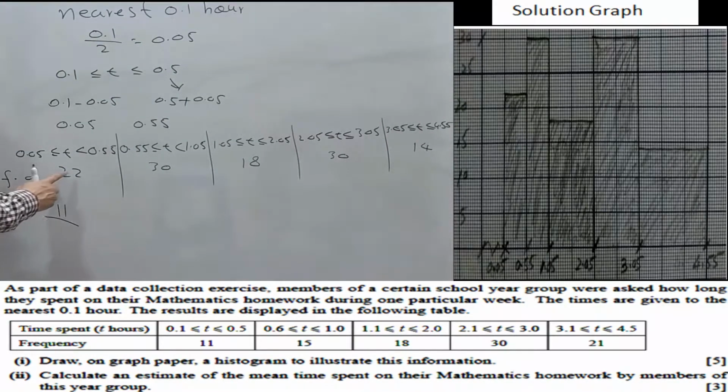So you will divide frequency by class width. 11 divided by this class width, 0.55 minus 0.05. Divide this, you will get 22.